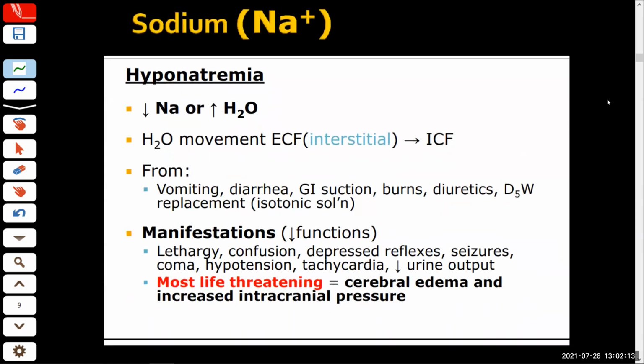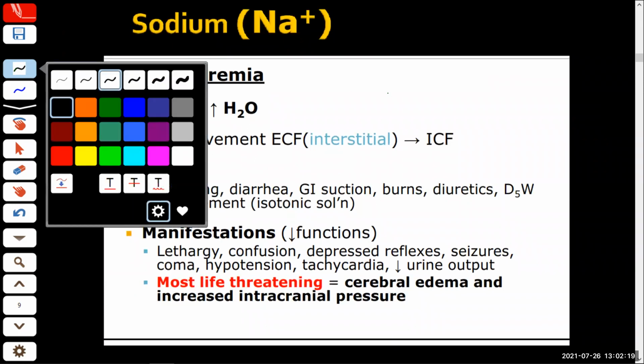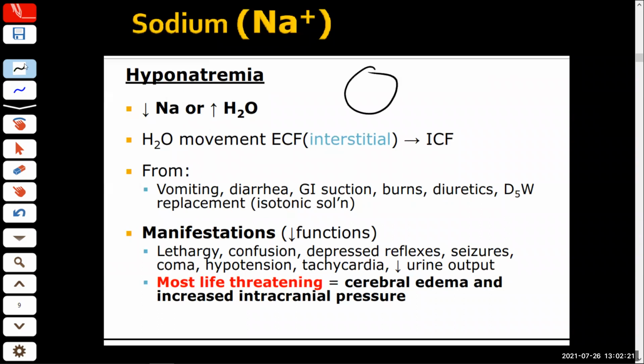Okay. So on the other side here, hyponatremia, low sodium in the blood. Where's all the water moving in hyponatremia? Into the cell. I agree. From the extracellular to the intracellular. What causes hyponatremia, low sodium, or too much water?